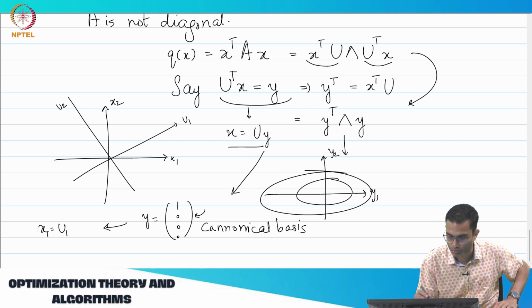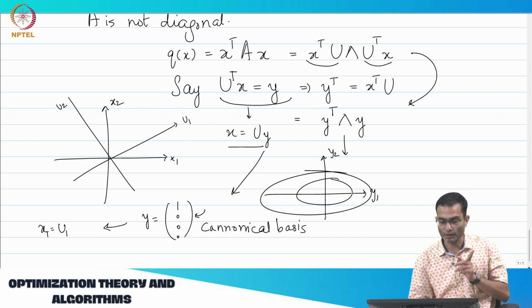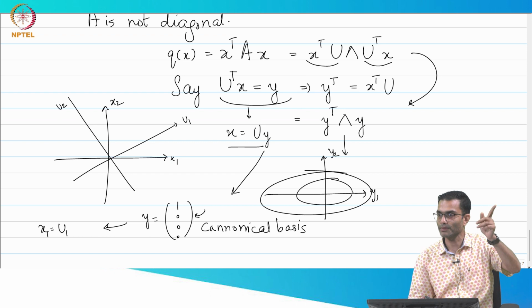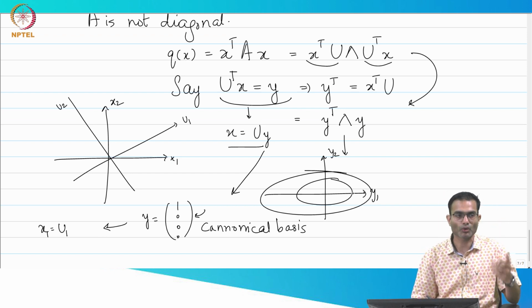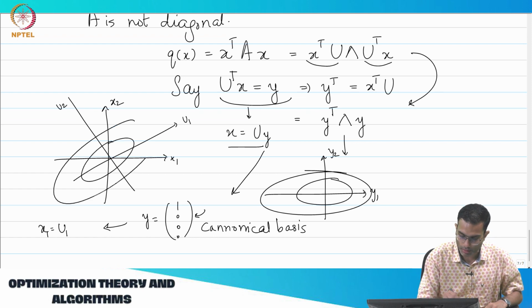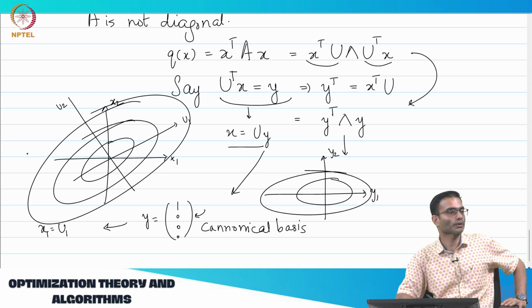Similarly, if an ant is walking along the y2 axis, in the x space the ant is walking along the U2 axis. So all that means is that that's how my contours look.